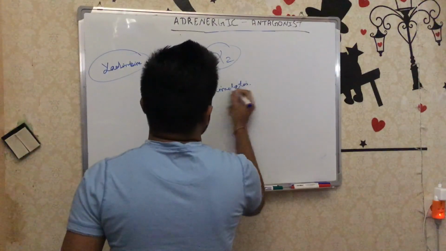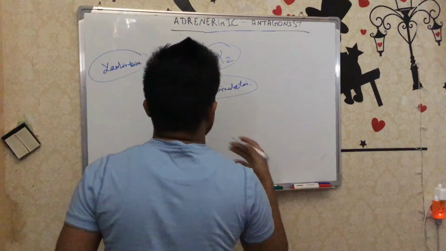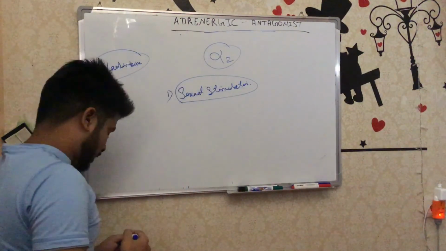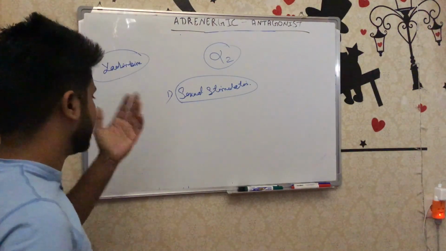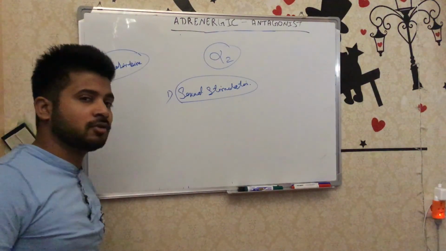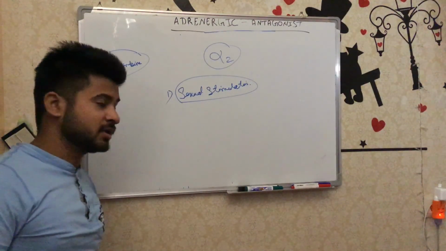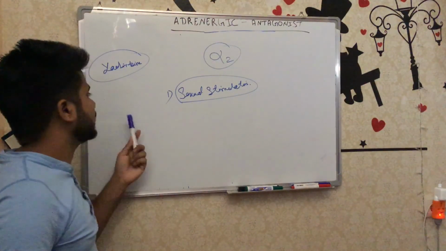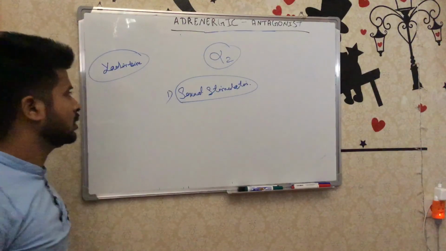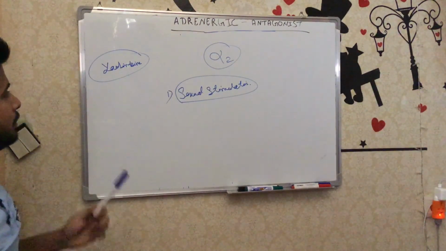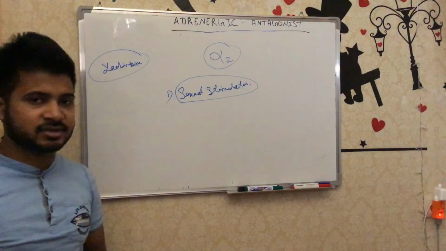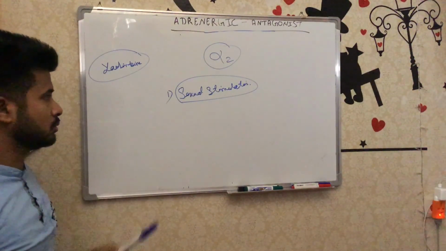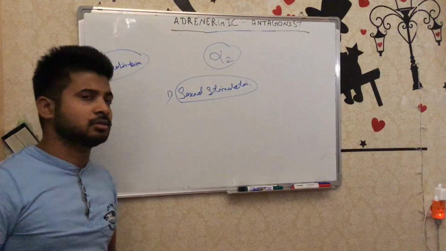But due to other side effects, like central nervous system effects, because this drug is lipid soluble, it penetrates the CNS and causes different types of CNS side effects. Due to this reason, nowadays we can't use it clinically. So the main drugs are the non-selective and the alpha 1 selective. The selective alpha 2 blocker we can't use nowadays.